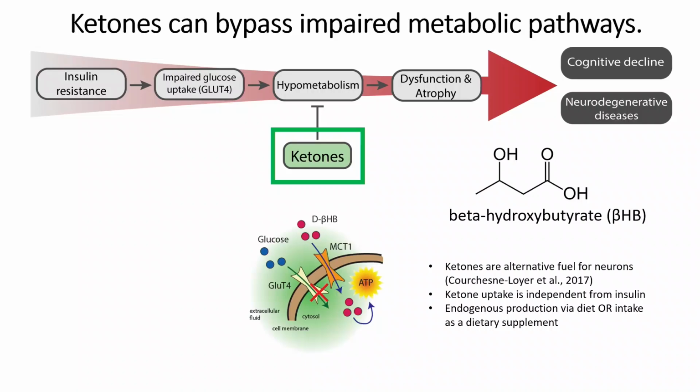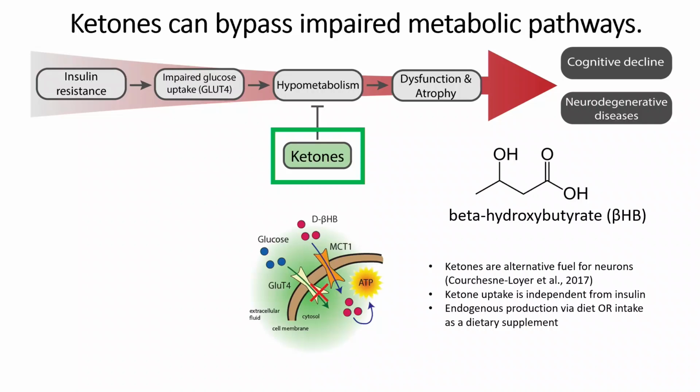It doesn't rely on insulin. So this way we can refeed the neurons. From a practical standpoint, ketones can be provided exogenously as a dietary supplement, but they can also be produced endogenously if you induce it via the ketogenic diet.